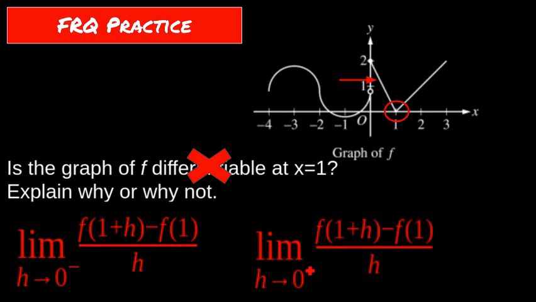And then if we look at the limit as h approaches 0 from the right, otherwise known as the slope of the line of the derivative of 1 on the right side, is positive. And we know that a negative doesn't equal a positive, so the slope from the left does not equal the slope from the right, and this is sufficient enough to explain why the graph is not differentiable at x equals 1. All right.